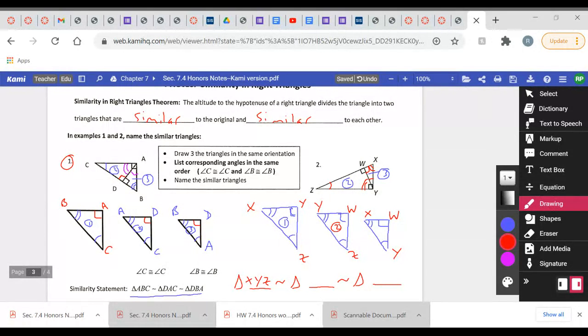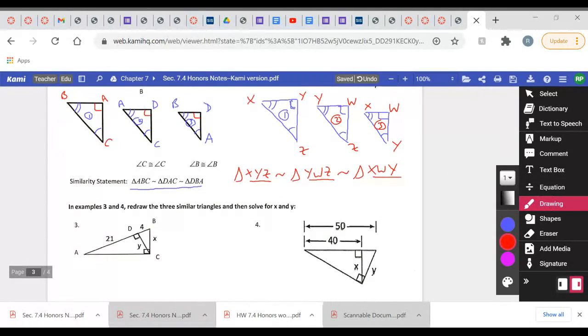So I need to follow the same order for the next triangle: 2 mark, 90, 1 mark, Y, W, Z. And for the third triangle, the little one, again, 2 mark, 90, 1 mark. So X, W, Y. Okay. So that's kind of the right idea of how we're getting set up.